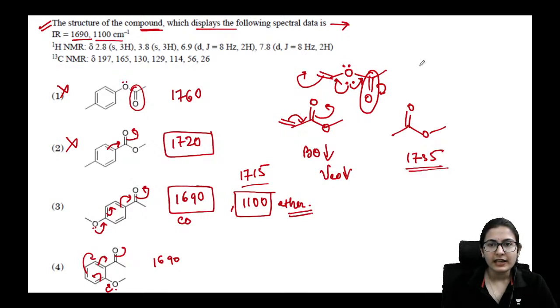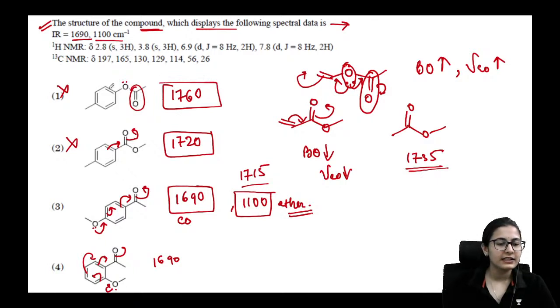So that is why the bond order increases, because the oxygen has to distribute its electron density between two double bonds. Okay, so bond order increases and the carbonyl stretching frequency also increases. 1760. Okay, all right, we will discuss all of the values, no problem.